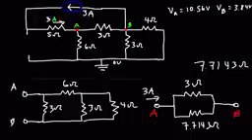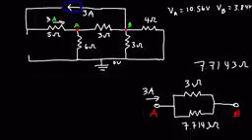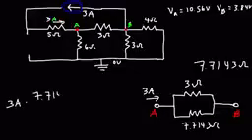So we can get rid of this at this point. So to calculate the current flowing through the 3 ohm resistor, it's going to be 3 amps times the other resistor divided by the sum of those 2 resistors, which is 10.7143.